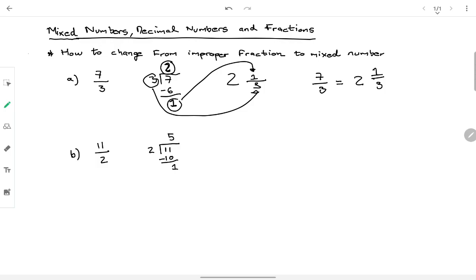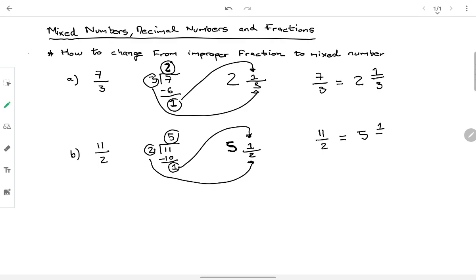So if we want to represent this as a mixed number, we will have 5 whole numbers and one half. So we can say that 11 halves is the same as 5 wholes and 1/2.